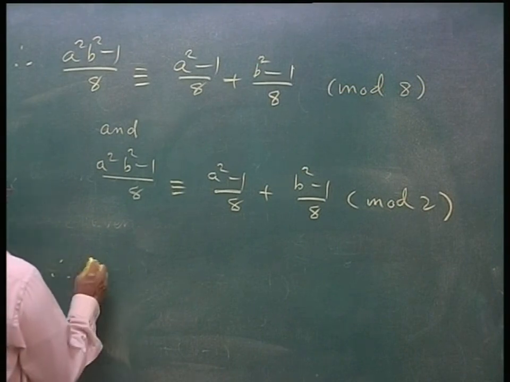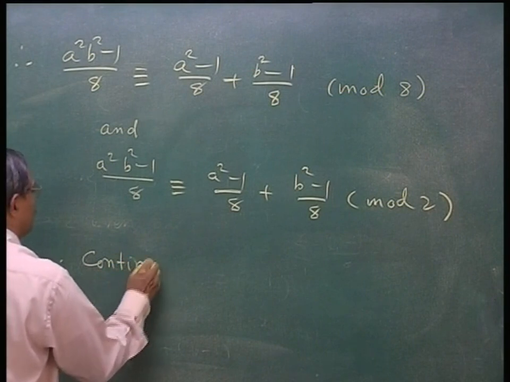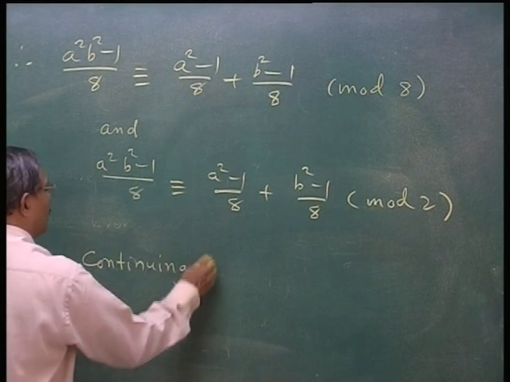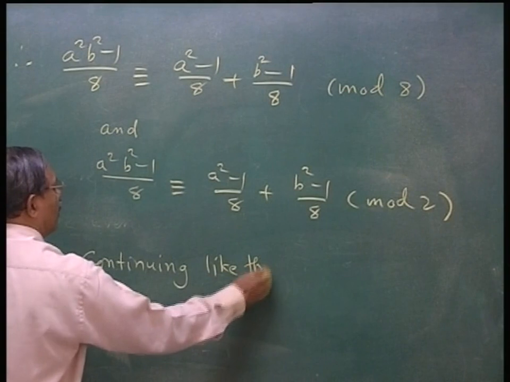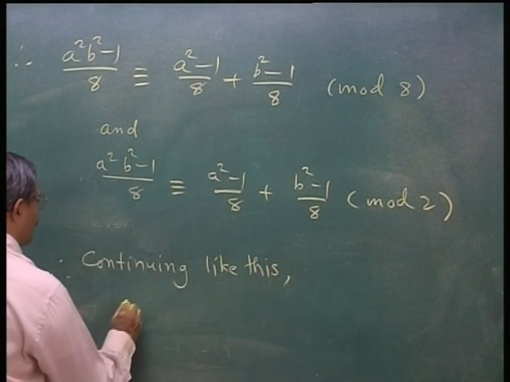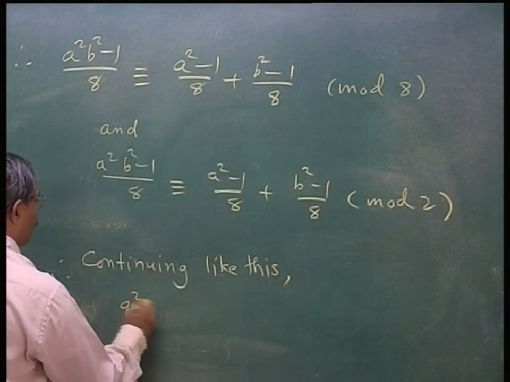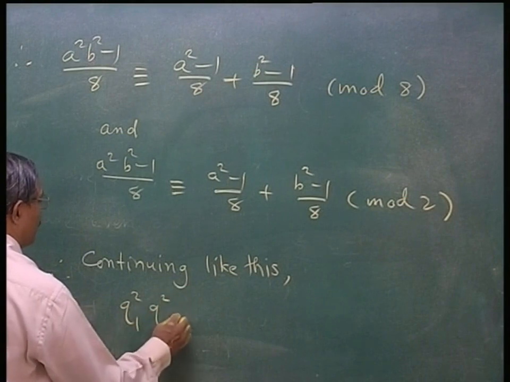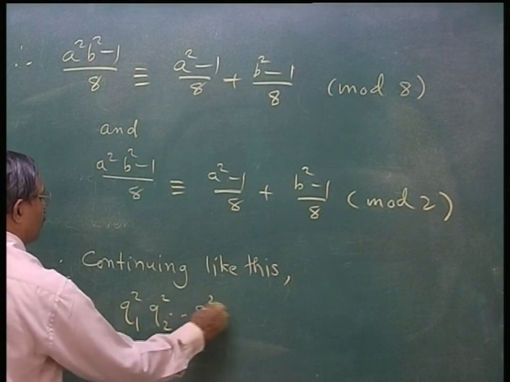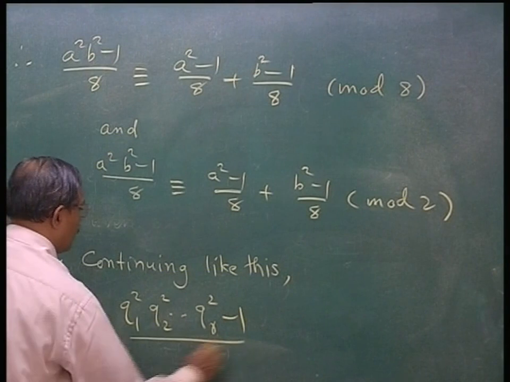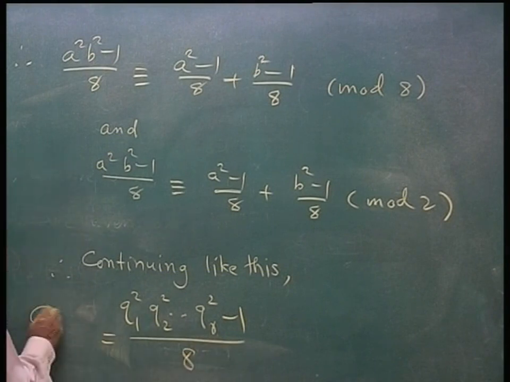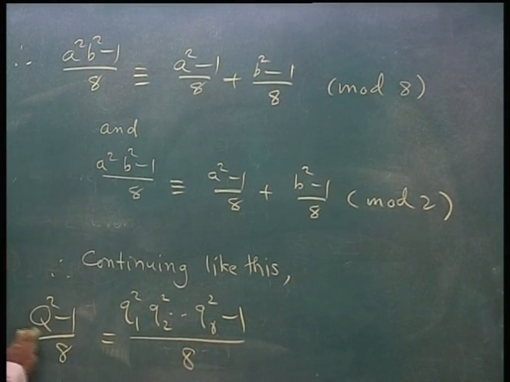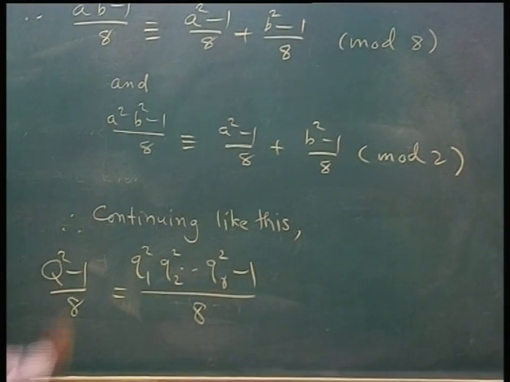Therefore, continuing like this, (Q1 square, Q2 square, etc., Qr square minus 1)/8, this we can write already as (Q square minus 1)/8. (Q square minus 1)/8 is this.